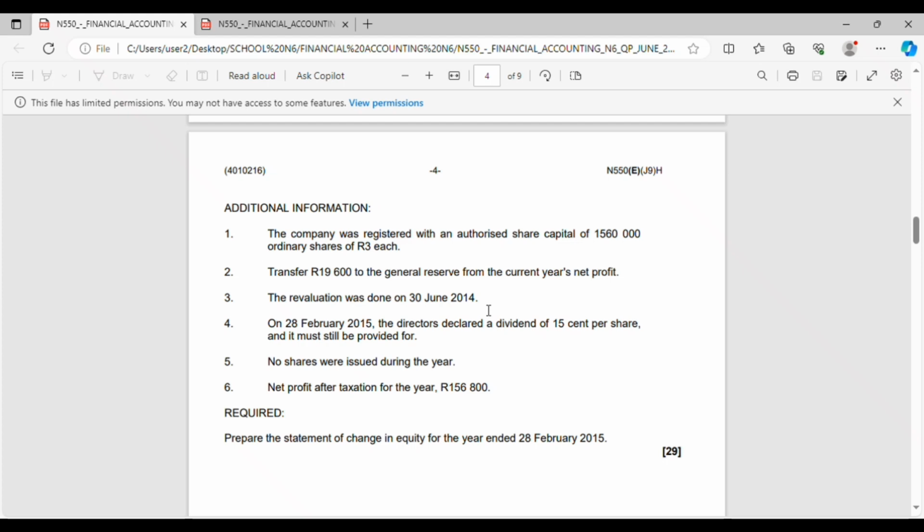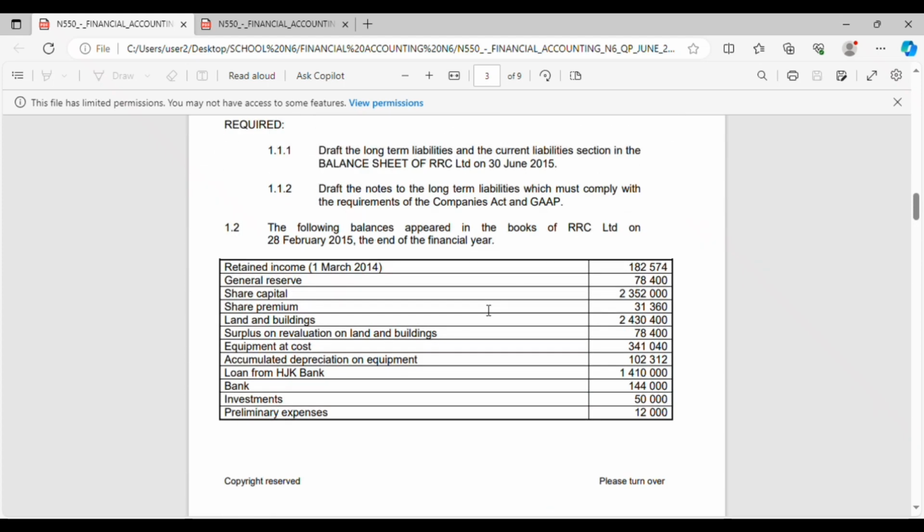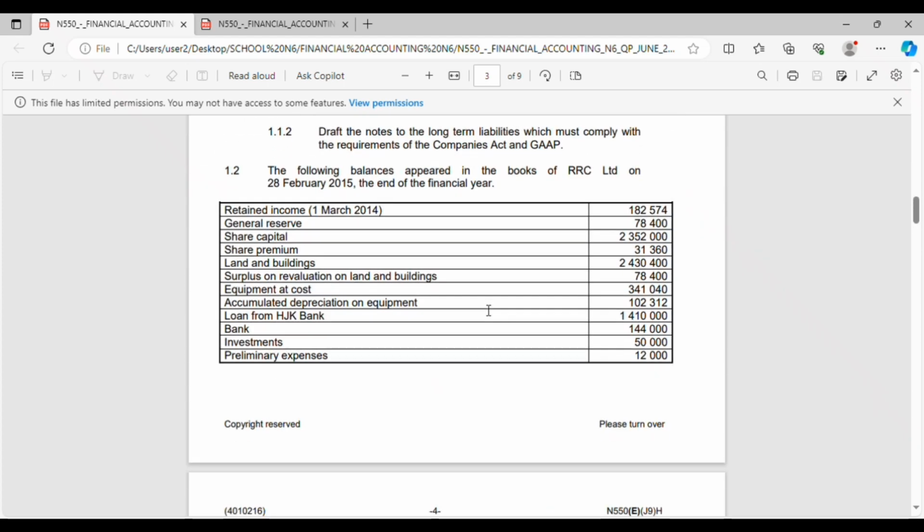Which means the amount for the general reserve, 78,400, is what? The amount at the end of the year. So 78,400 is going to be indicated for general reserve, this amount.